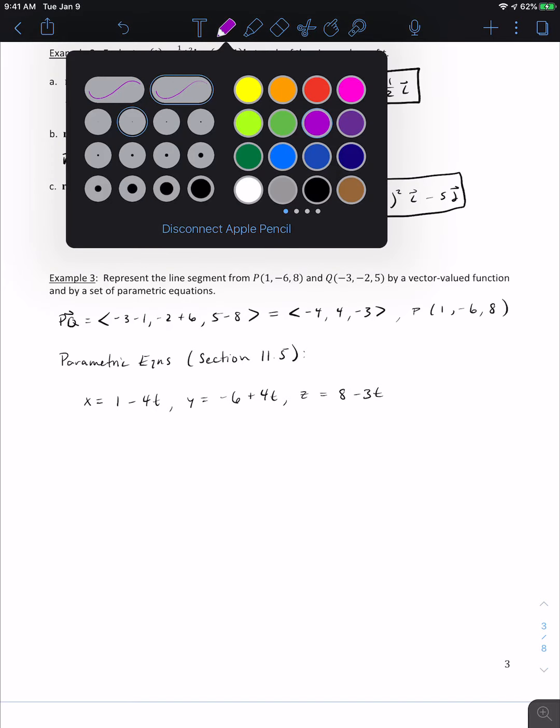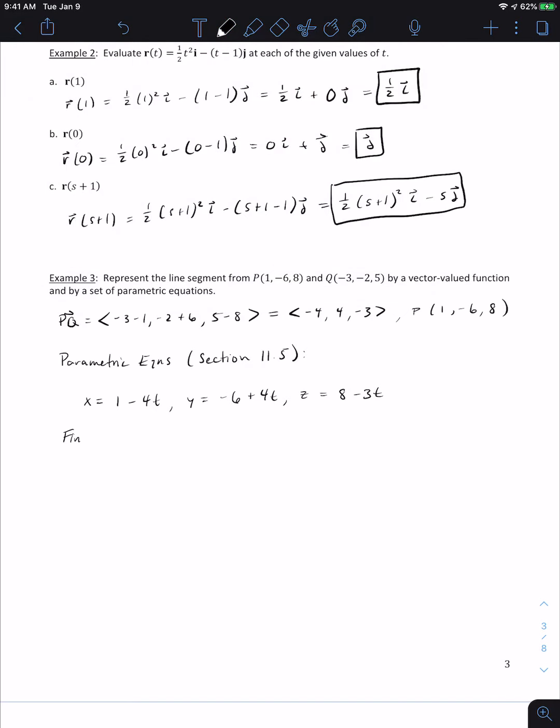First we need to find the t, so I guess I should say what value of t gives the point P, which equals 1, -6, 8, right? So I'm plugging t into my parametric equations right here.